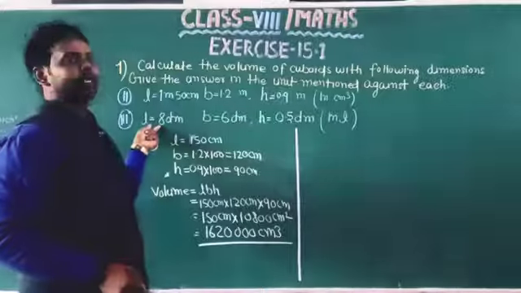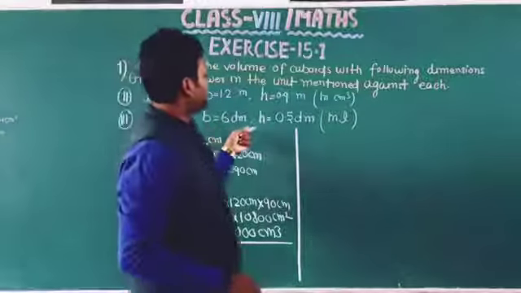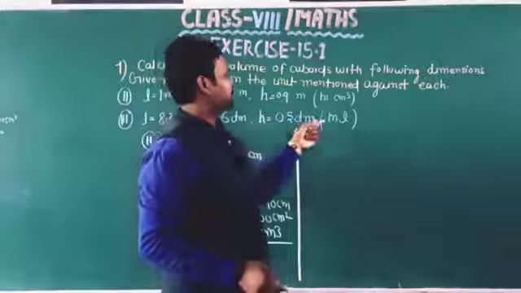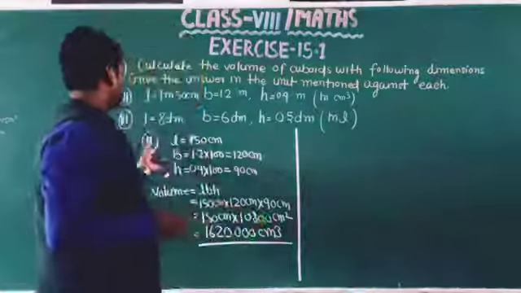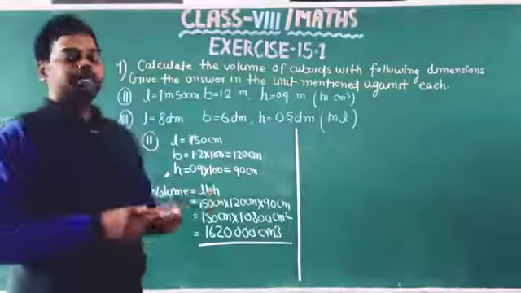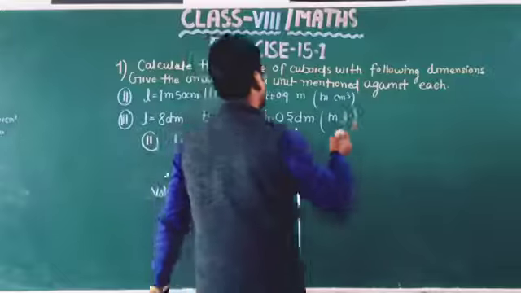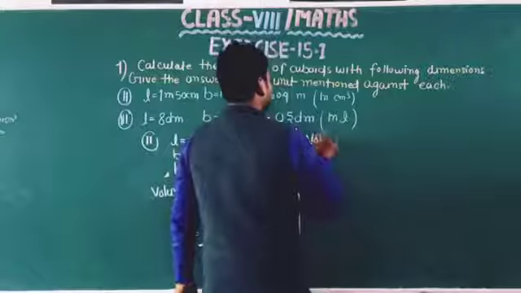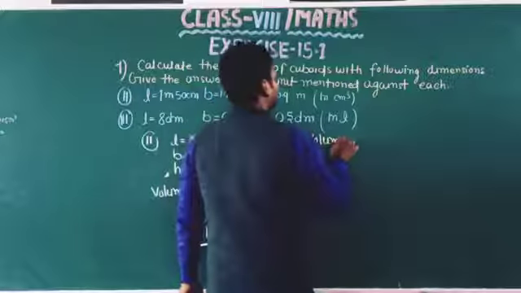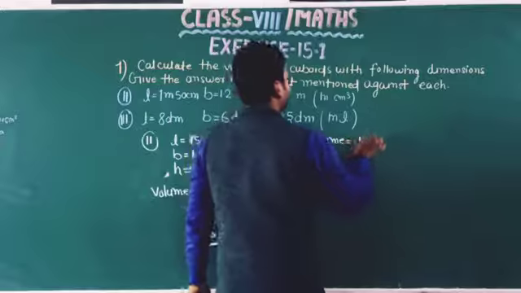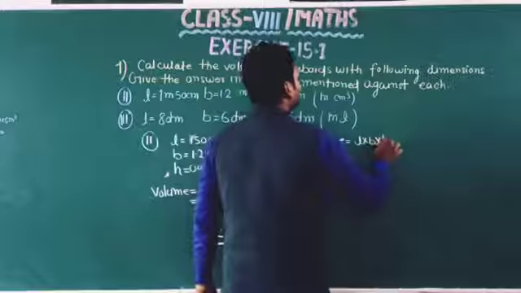Length is given 8 decimeter, breadth is 6 decimeter, height is 0.5 decimeter, and find the volume in liter. So volume of cuboid equals length into breadth into height.